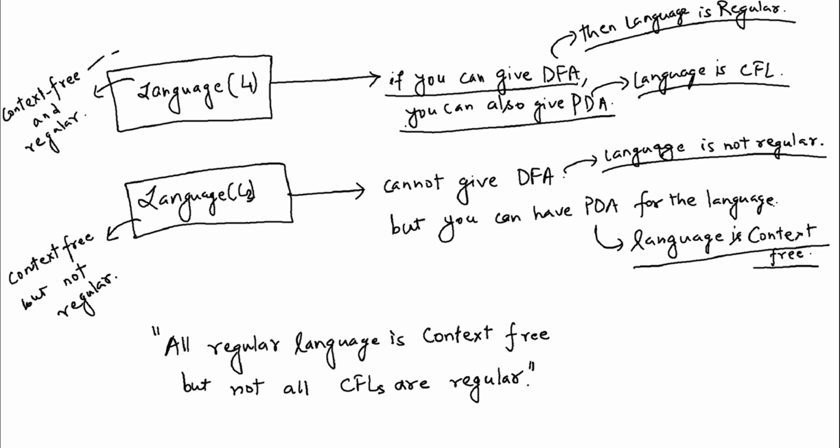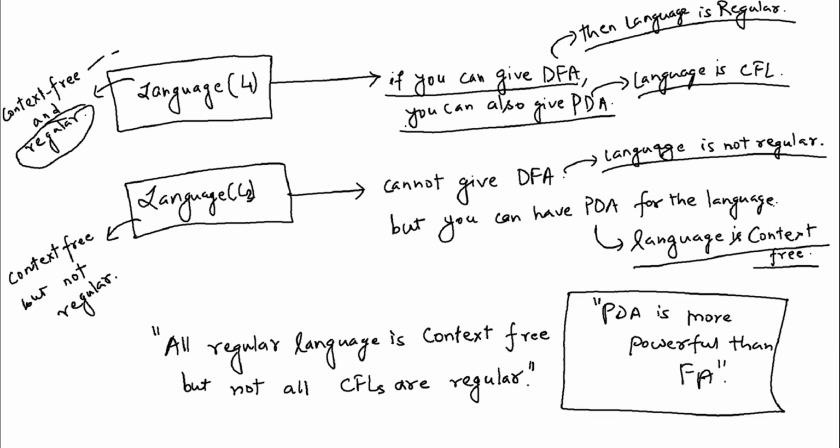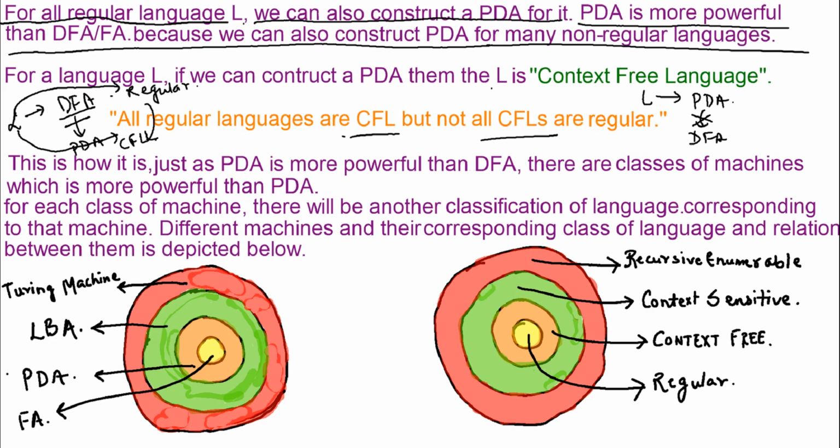In fact, a regular language is a context-free language. So from here we get one more thing: PDA is more powerful than FA, because there are languages for which you cannot give a finite automaton, but you can give a PDA for it.